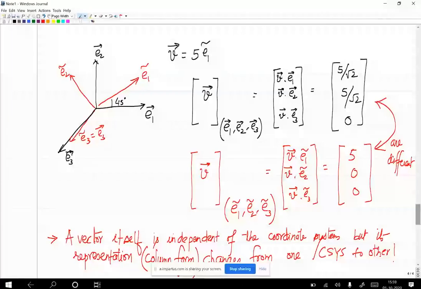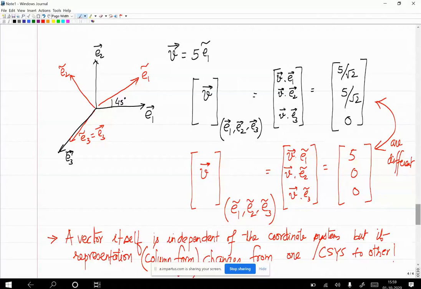Usually the physical quantities are independent of the coordinate system. But of course, if you are trying to measure the component of a vector, then it will depend on the coordinate system. So if you say the component itself is the physical quantity, then it depends on the coordinate system. So the column form is giving us the components of the vector along those particular directions only. Exactly. Yes. And that's why it is dependent on the coordinate system.